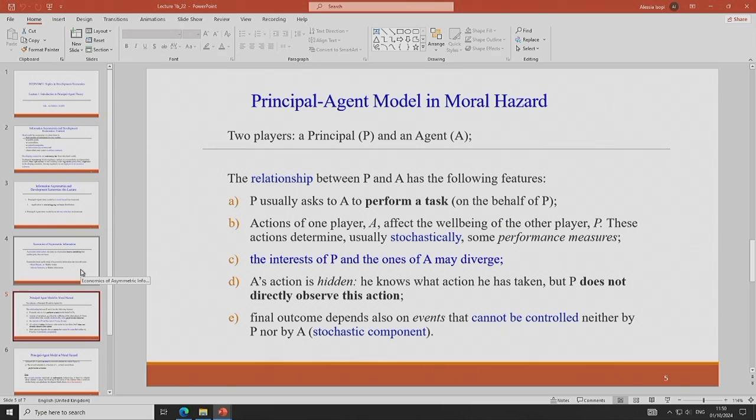But the crucial thing is that the outcome produced by the agent is influenced both by effort, and we will get to this notation in a minute, but also by theta. And this is the stochastic component. The stochastic component can be identified as luck. I'll give you an example.